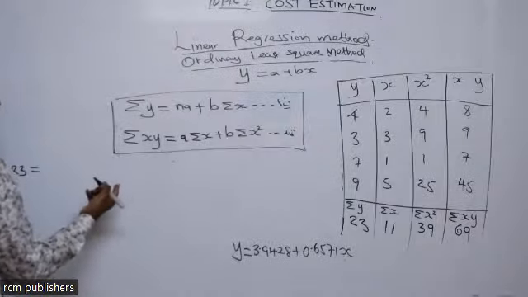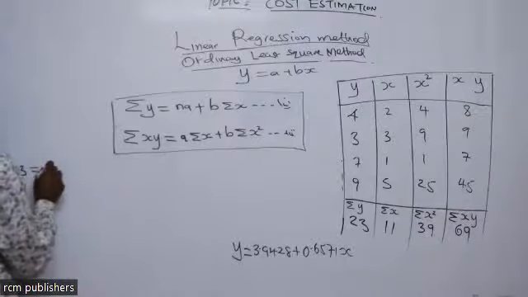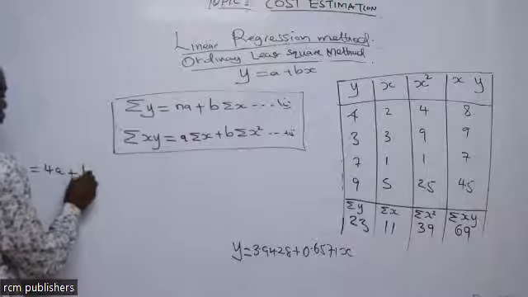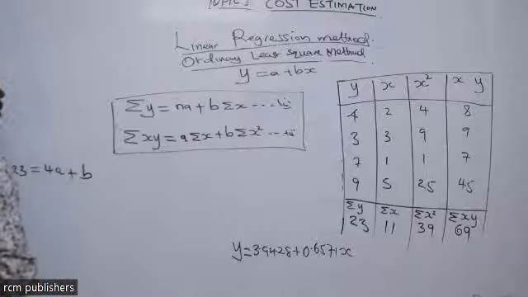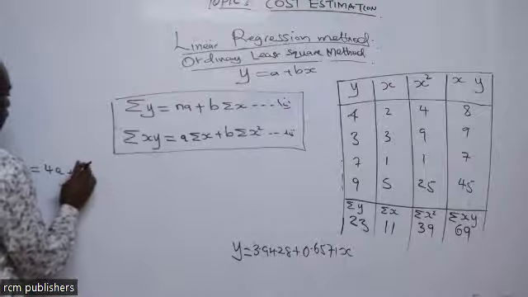Our N is 4, but A we do not have. So we have 4A plus B times summation of X, which is 11B.